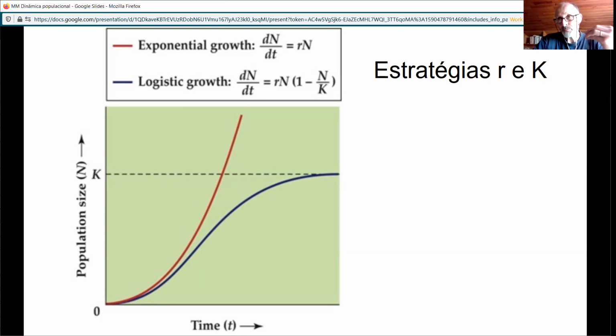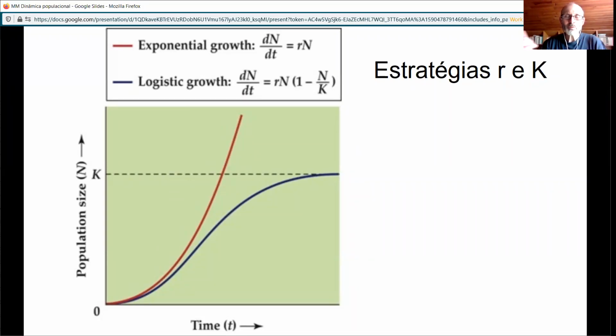And so the birth rate decreases and the death rate increases. By intra-specific competition, because the resources are not enough for everybody, the population will slow its own growth through the balance of how many individuals are born and how many are dying, until they reach an equilibrium.